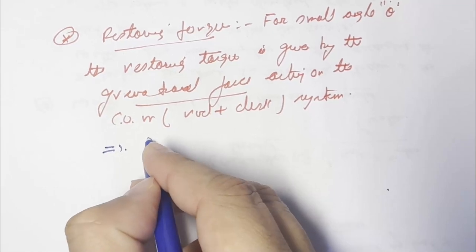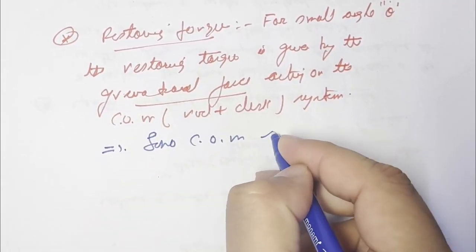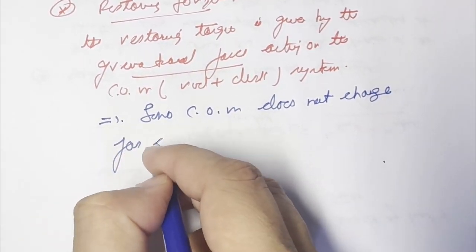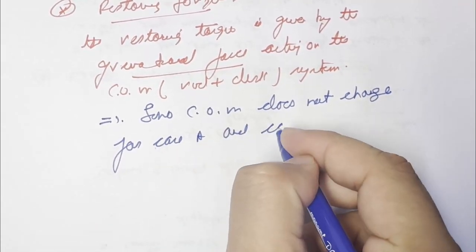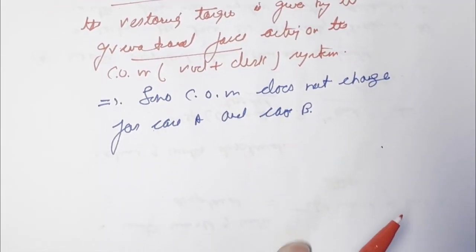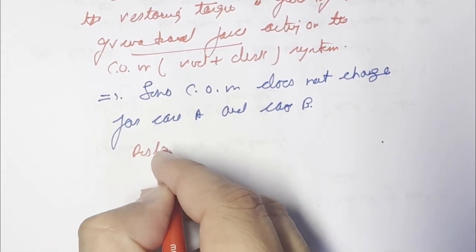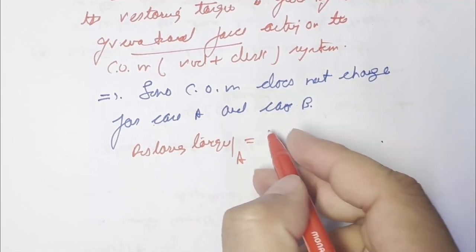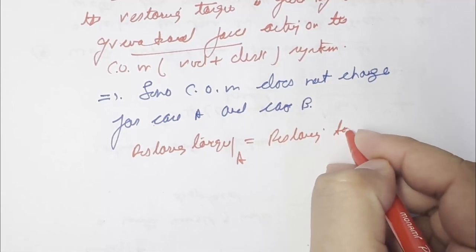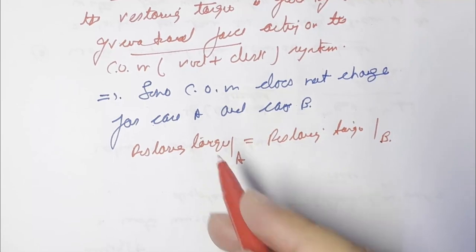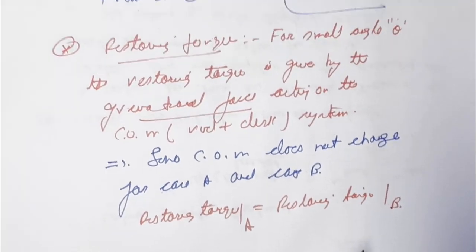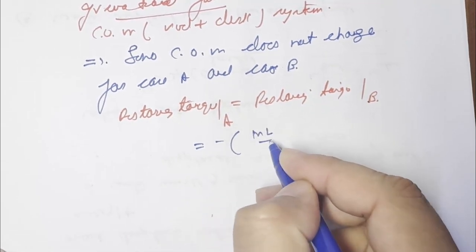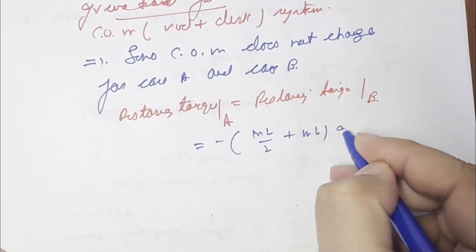So from here we can say, since center of mass does not change for case A and case B, therefore we can say that the restoring torque for case A will be equal to restoring torque for case B. So both the restoring torque will be equal, and you can just write the value, this will be equal to minus, and we have here ml by 2 plus ml and g theta.